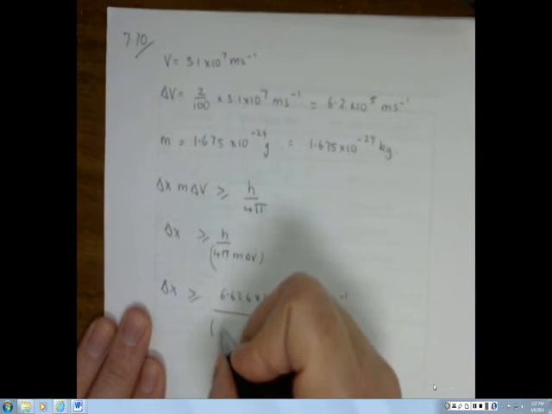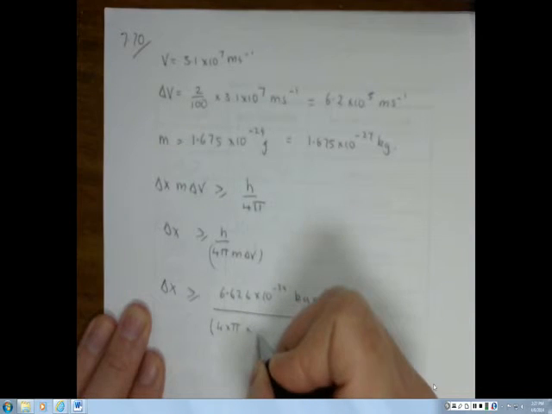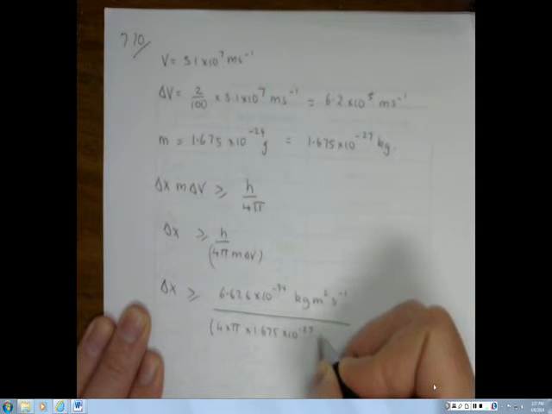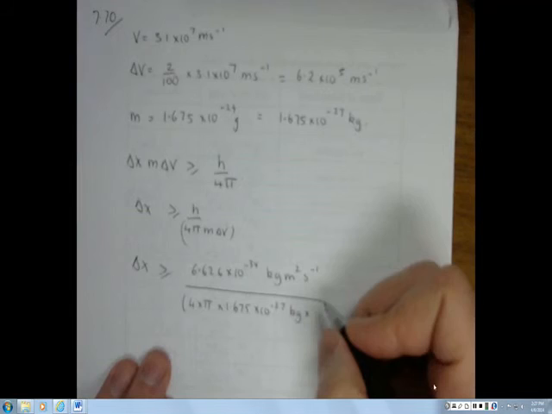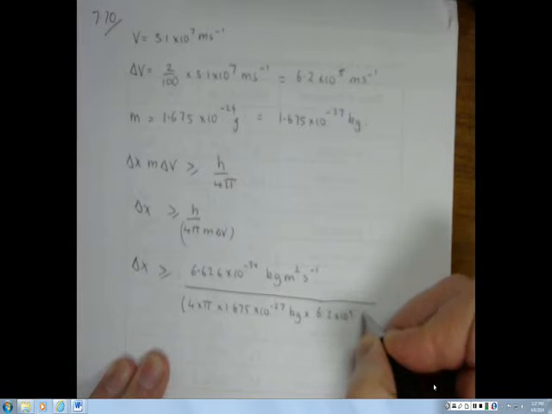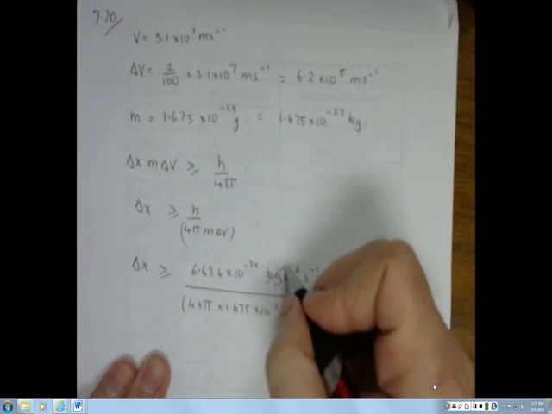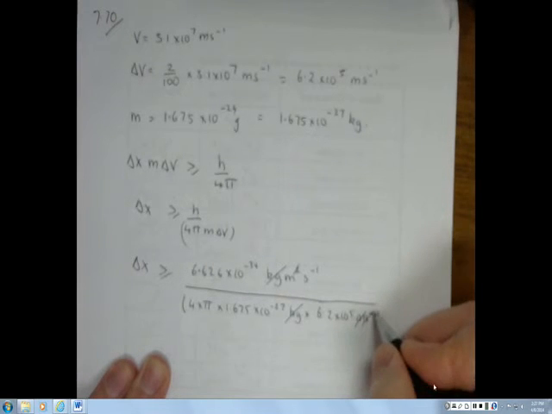On the bottom line, we've got 4 times pi times 1.675 times 10 to the minus 27 kilograms, that's our mass, and then our delta V, 6.2 by 10 to the 5 meters per second. Alright, so kilograms goes, 1 of my meters goes, my seconds to the minus 1 go.